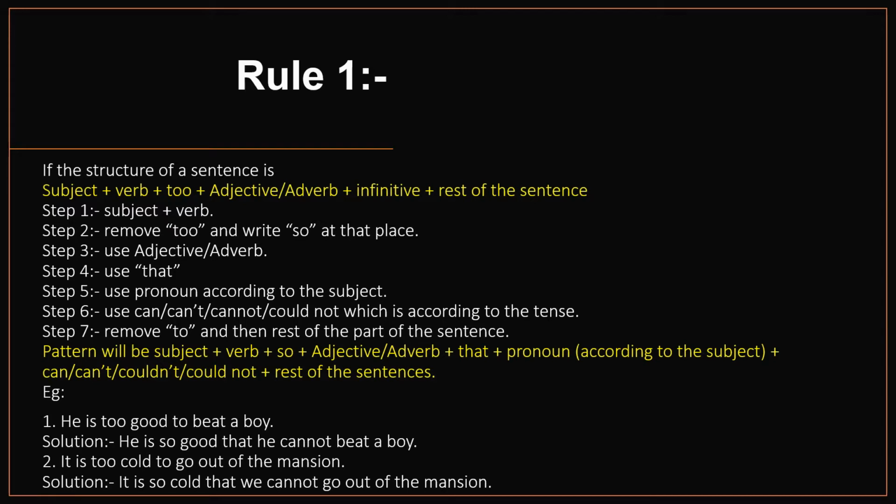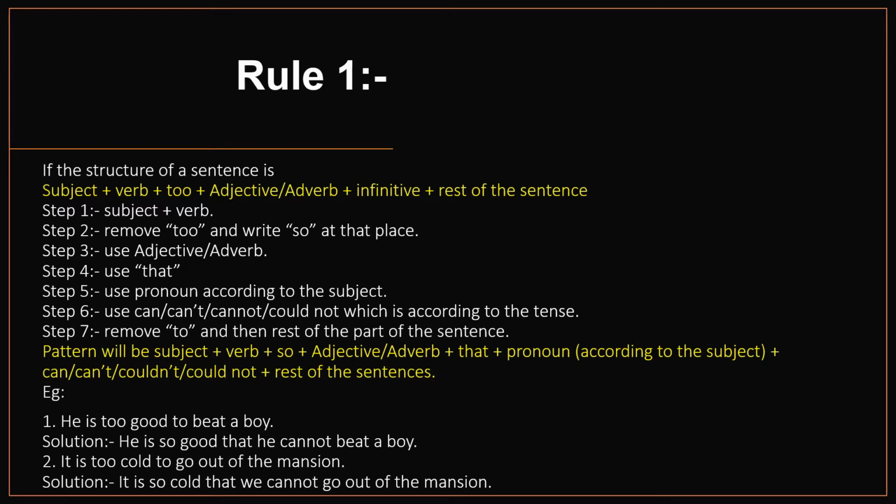If the structure of a sentence is subject plus verb plus too plus adjective or adverb plus infinitive plus rest of the sentence, then when we are asked to remove too, our structure will be subject plus verb. We have to remove too and write so at that place.